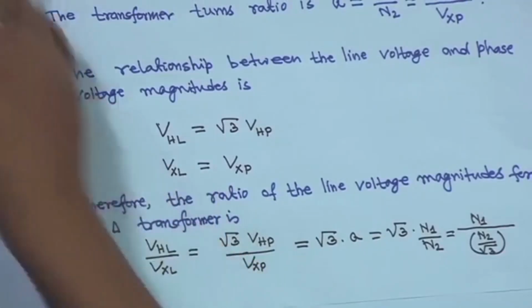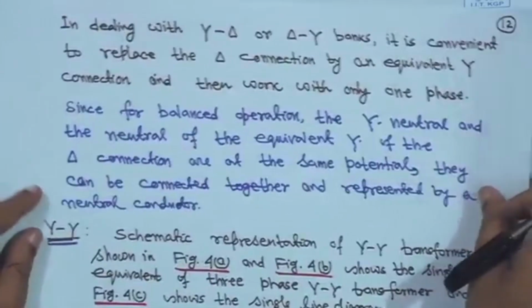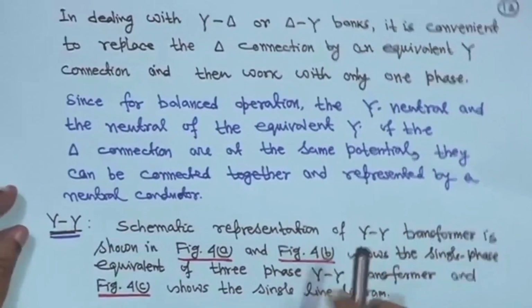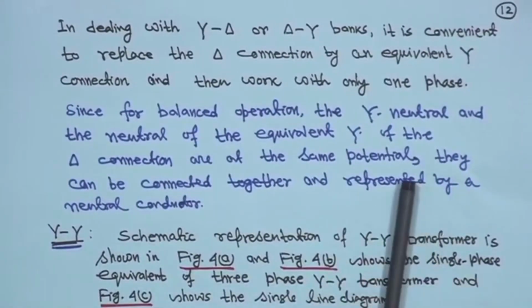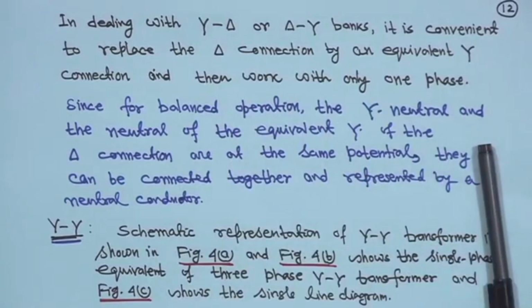Next, here I am only telling, later we will see. Basically, in dealing with star delta or delta Y banks, it is convenient to replace the delta connection by an equivalent star connection.